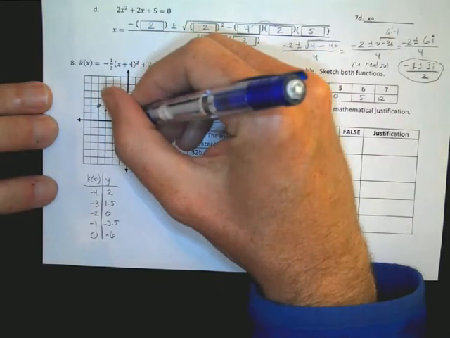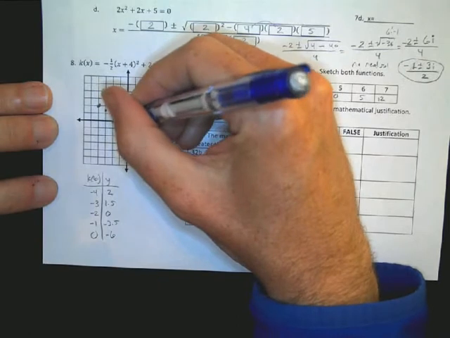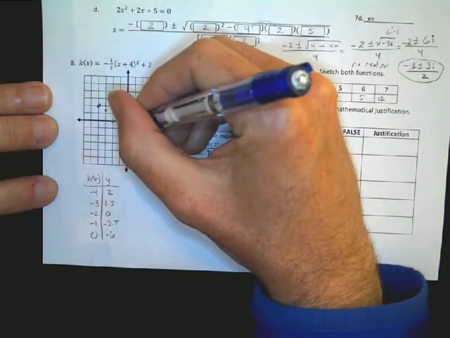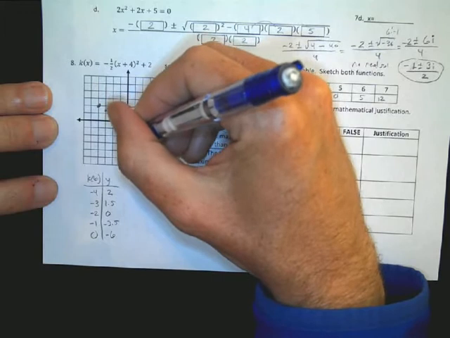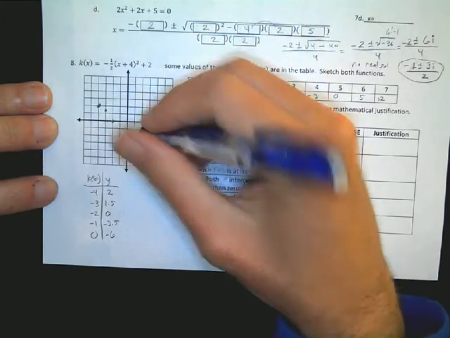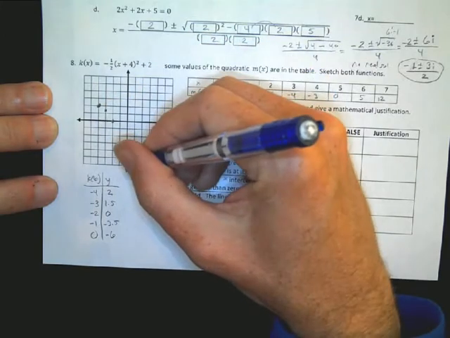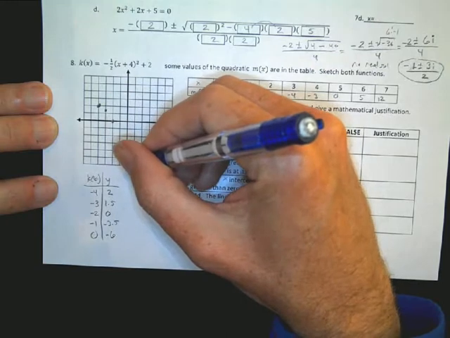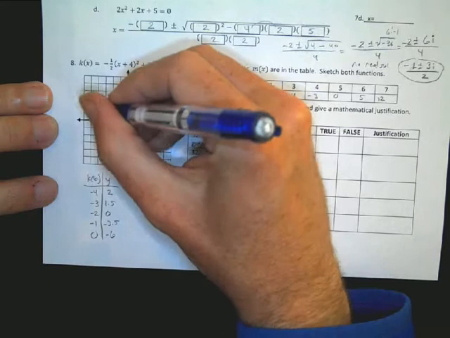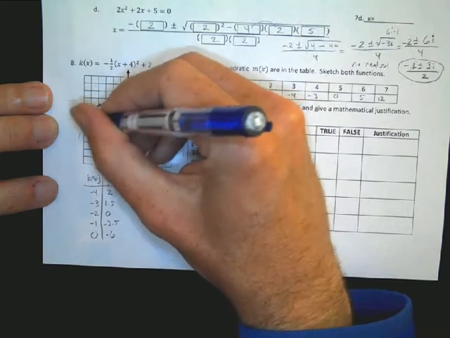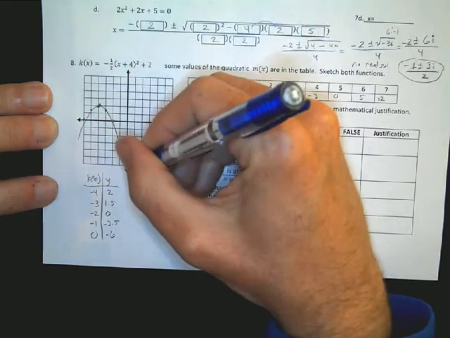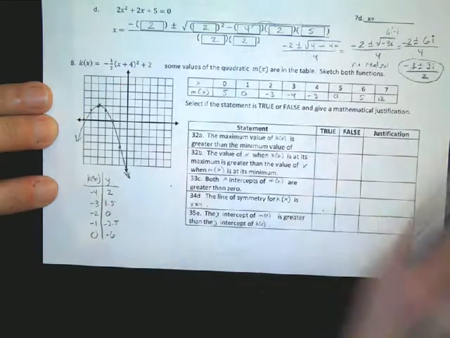At -2, I'm at 0. At -1, I'm at -3.5. And at 0, I'm at -6, which seems a little funny, but I'm just going to keep it there. All right, so I end up with something that looks along the lines of that, for k of x.